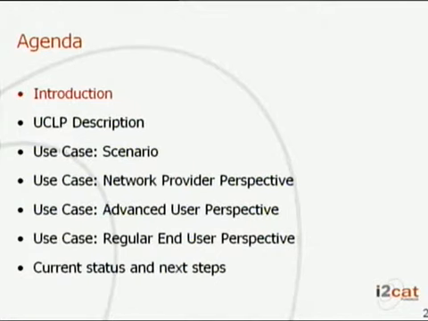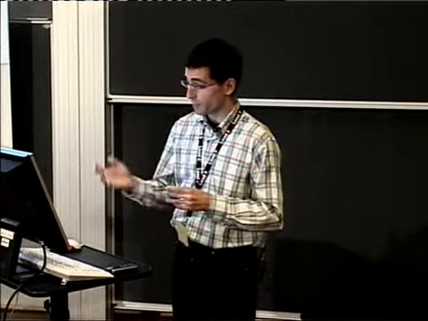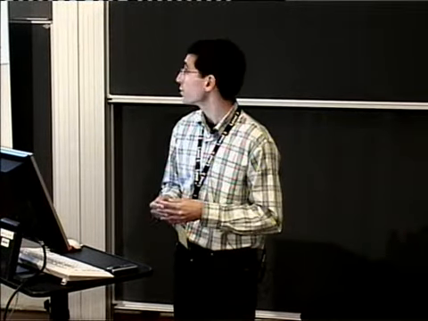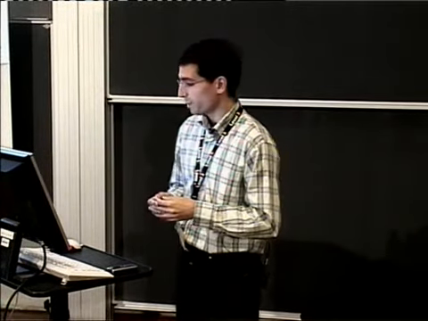In this use case, we will see the three main perspectives of UCLP: the network provider perspective, what we call the advanced user perspective, and the regular end user perspective. And finally, I'll explain our current status of the developments and what the next steps will be.